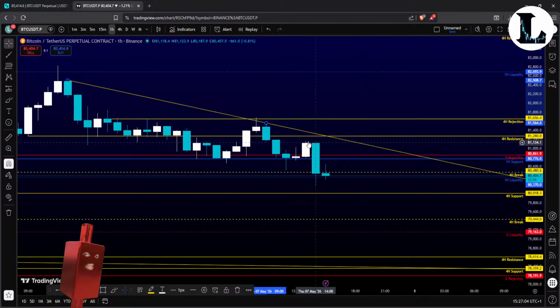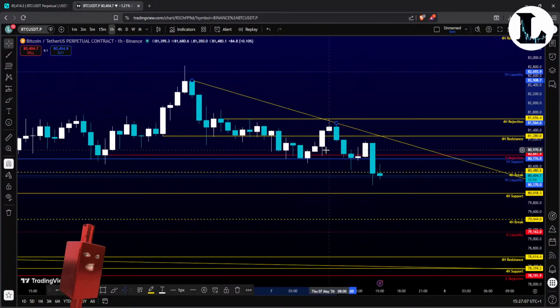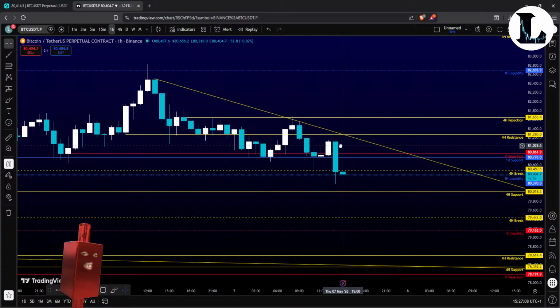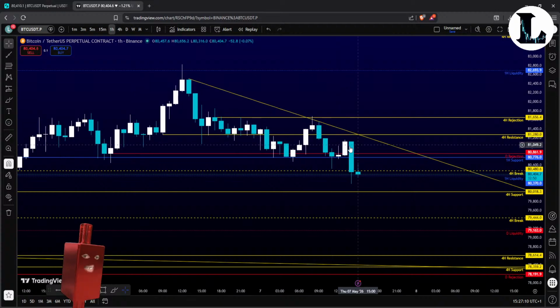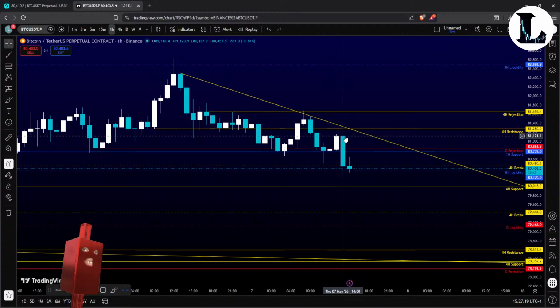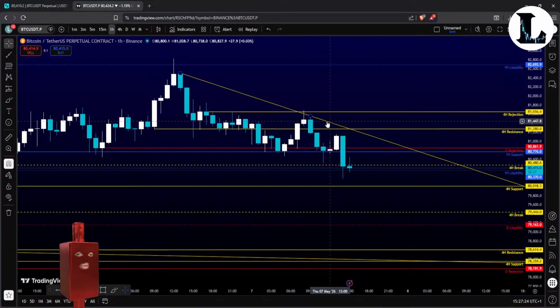But right now we are staying above, staying away from the trend. So that is even more bearish in this case. When the price doesn't actually test the trend, that is even more bearish.